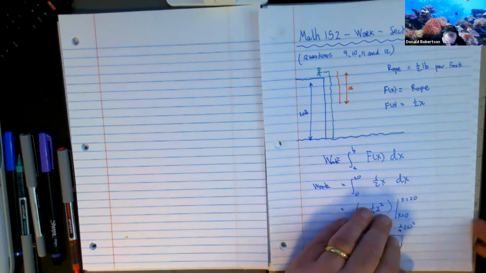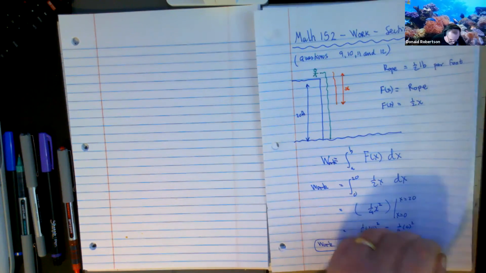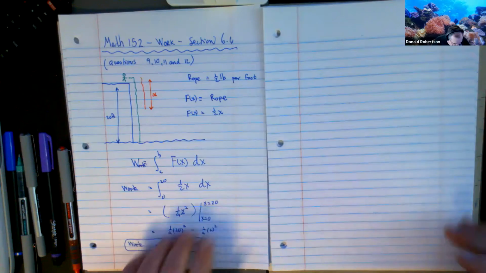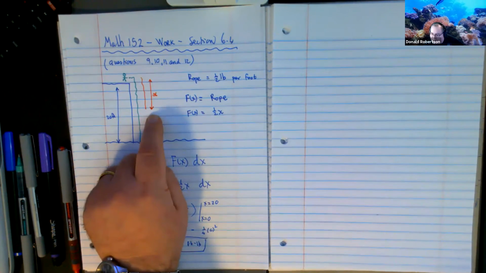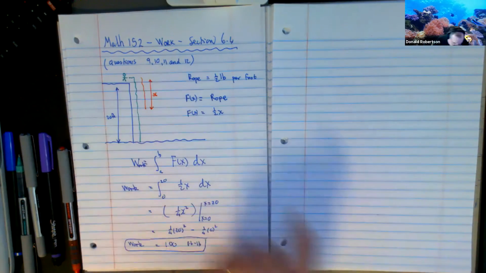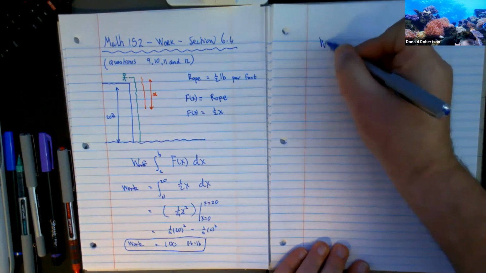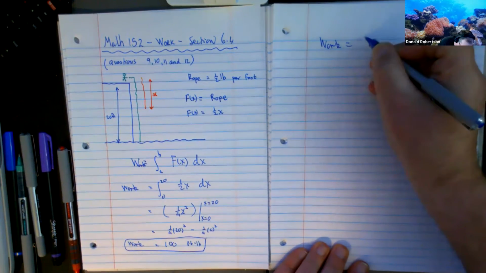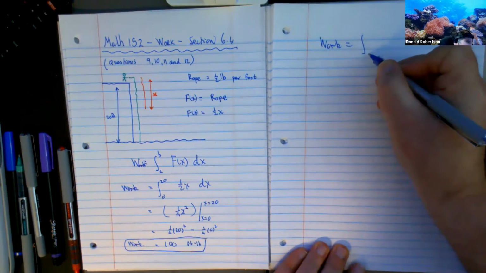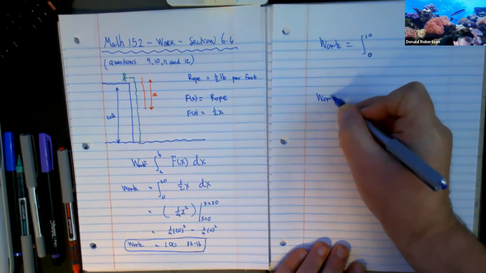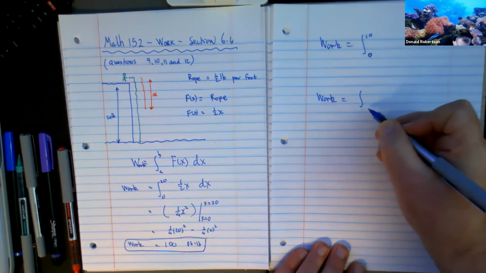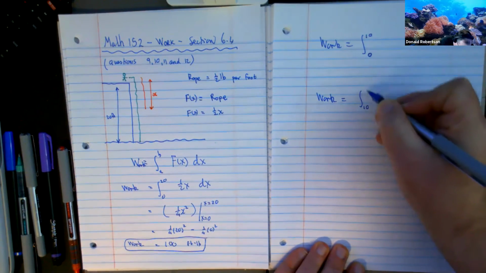Now, I can do better than just that. Can you imagine that you're pulling the rope from the ground to halfway? That's 10 feet. And you're pulling the rope from 10 feet to 20. So the work done in going from no rope left to 10, and the work that you would do from 10 feet of rope to 20.